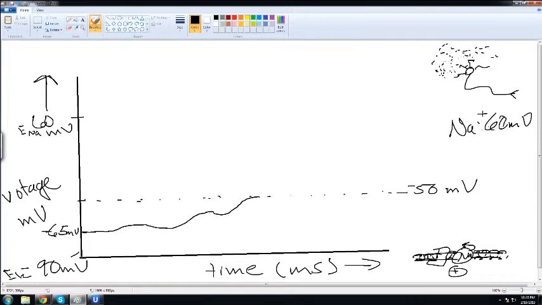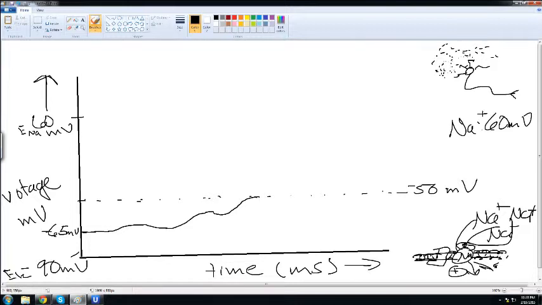So since sodium carries a positive charge, what's going to happen is when these channels open, basically all the sodium on the outside is going to be booking it to the inside of the cell. It's all going to flow in, and it's going to carry all of its positive charges, and try to make the inside of the cell get up to positive 60 millivolts.